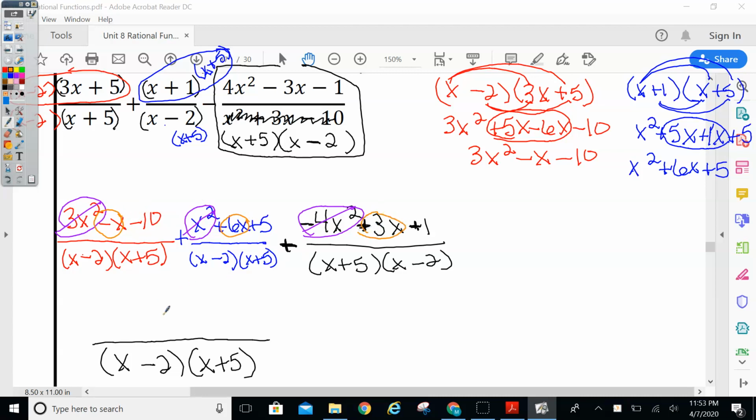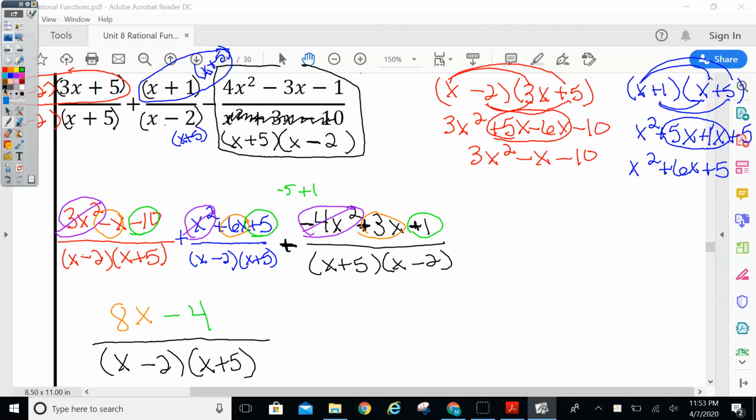Plus 3 makes 8x. And then we do the constants. Negative 10 plus 5 is negative 5, plus the 1 makes negative 4.